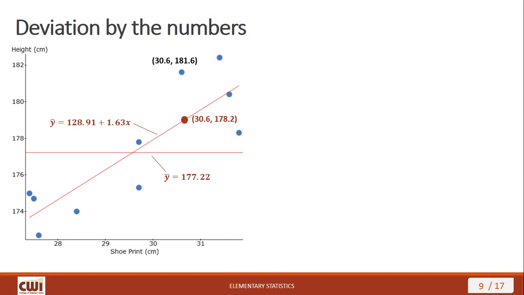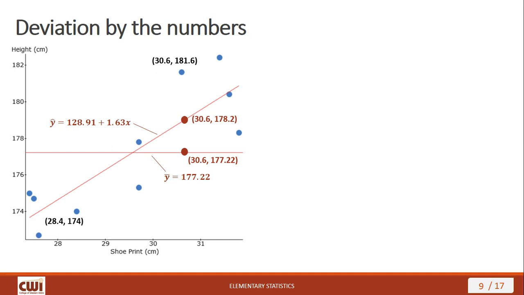If we go directly below the point, the point on the regression line that has the same X value is shown here. So its y value is 178.2. And the equivalent value on the mean line, in other words, it has the same x value, its y value is going to be 177.22.